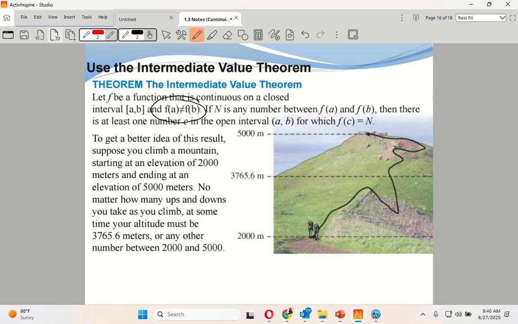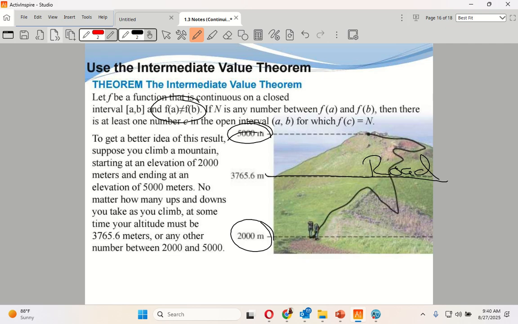Right here, the starting elevation, this hiker is at 2,000 meters. Ending elevation is 5,000 meters. No matter how many ups and downs you take as you climb, at some point your altitude must have crossed this. This is the road. Did they cross the road?